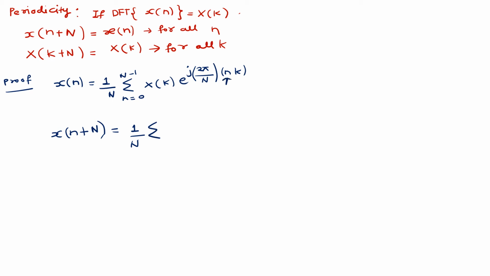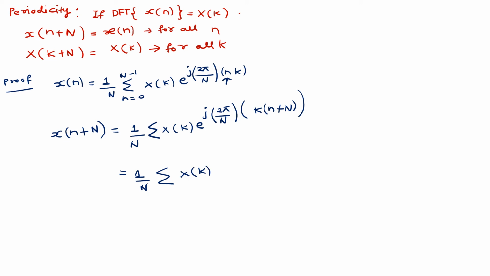So X of k e power j 2 pi by N into k into n plus capital N. Okay, so that will be equal to 1 by N summation of X of k e power j 2 pi by N kn into e power j 2 pi by N into Nk.